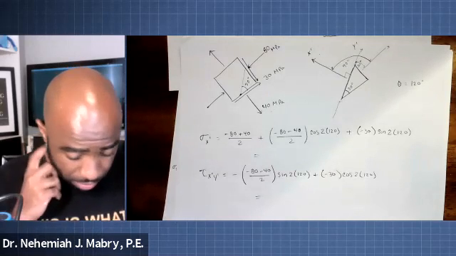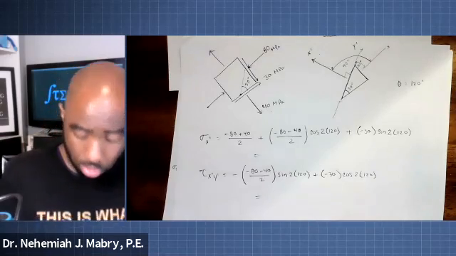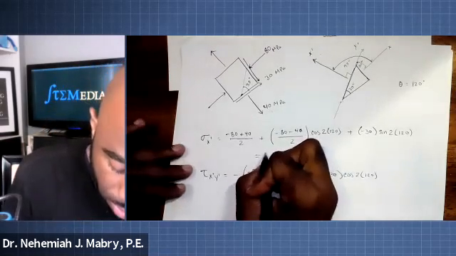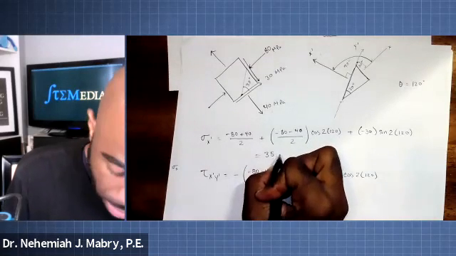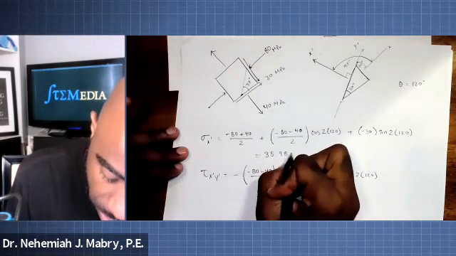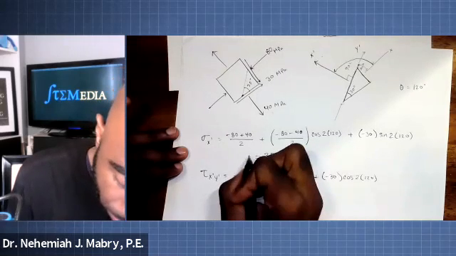And the answer I have for the sigma sub x prime is 35.98 MPa.